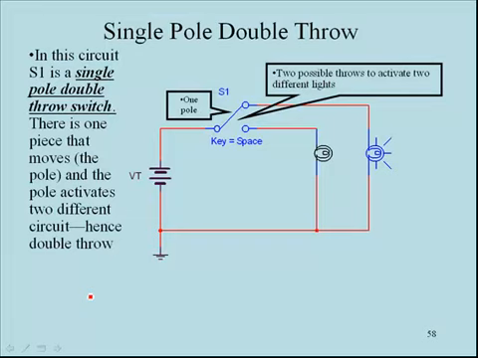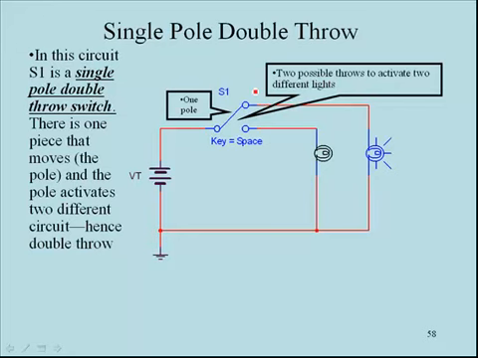Single pole, double throw. Now here we have an actual circuit using a single pole double throw switch. In this circuit S1 is the switch, a single pole double throw switch. So one movement piece, which is the pole, and double throw means that there are 2 possible circuits that can be activated.